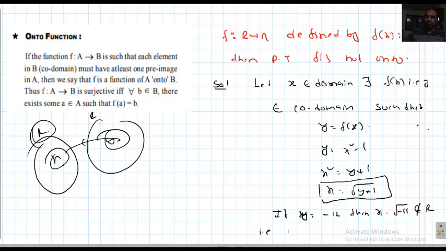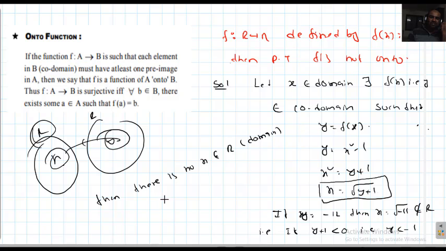That is, if y plus 1 is less than 0, that is y is less than minus 1, then there is no x belonging to R in the domain. So f is not onto.